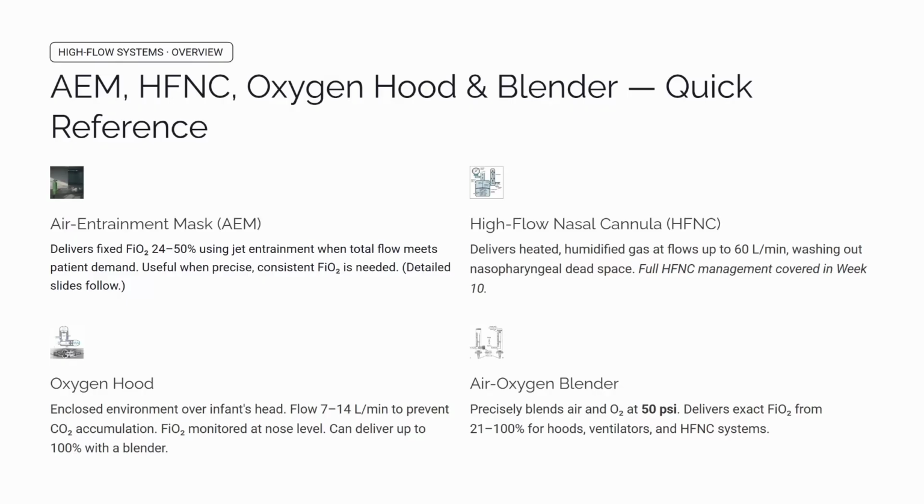Here's your question: is a device classified by how high its FiO2 can go, or by whether its total flow can meet the patient's inspiratory demand? It's the second one. Flow performance, not FiO2, is what makes a device low flow or high flow. So let's go back to our two patients one more time.